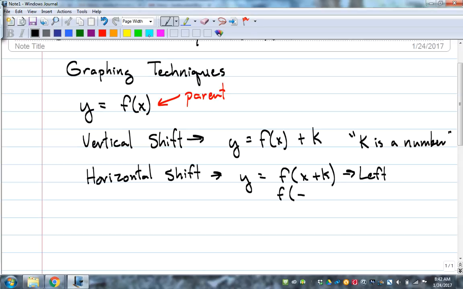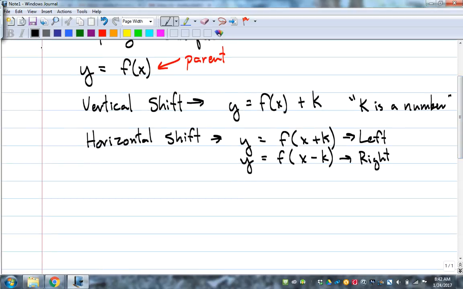If it's minus, it moves it to the right. But it's happening to the x inside of that parent function. We'll see this as we get to some examples here in just a minute. Okay. It's the opposite of what you'd expect: normally plus in the x direction is to the right, but it's the opposite of that. Minus, normally that would be to the left, and it's the opposite of that. Horizontal shifts, I think things happen on the inside the opposite way. What do you think there?